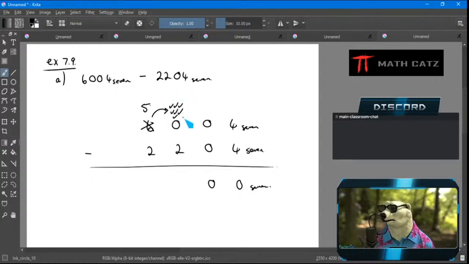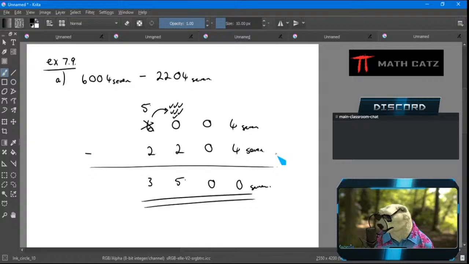Because I can't write 7. 7 does not have a symbol. So I now see here I have in my language, luckily I have a word for 7. 7 things, take away 2 is 5 things. Then in the last column, I have 3 things. And I'm done. 3, 5, 0, 0, base 7.